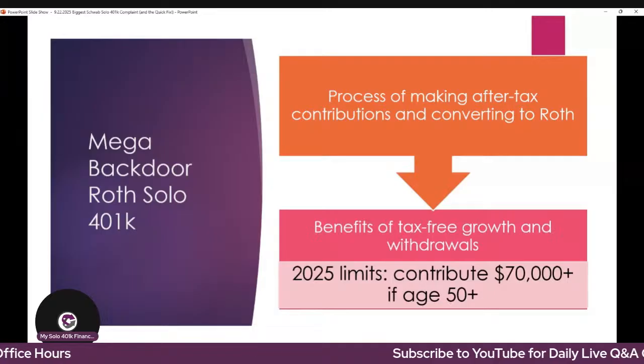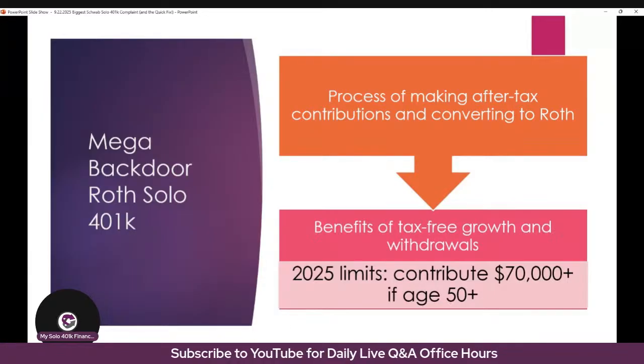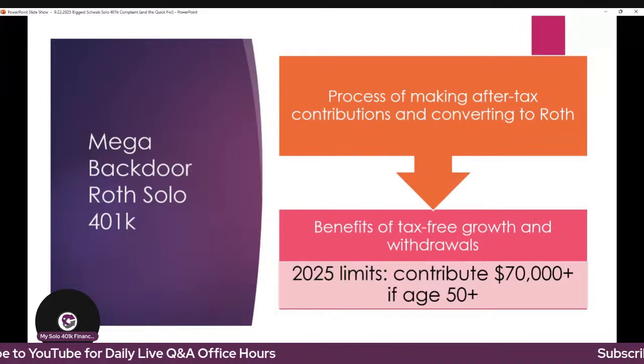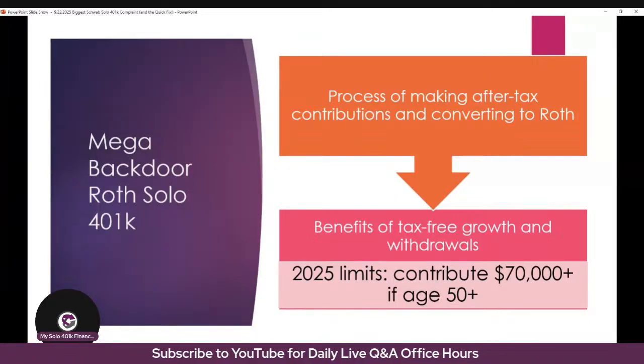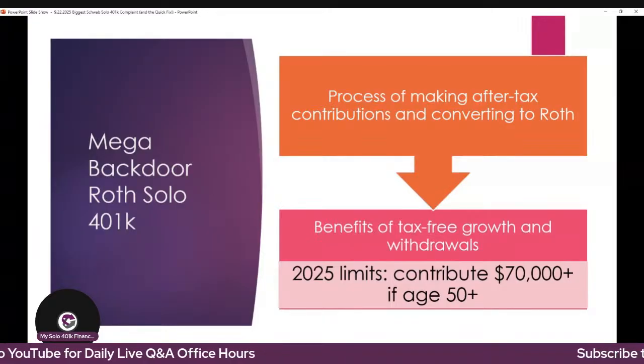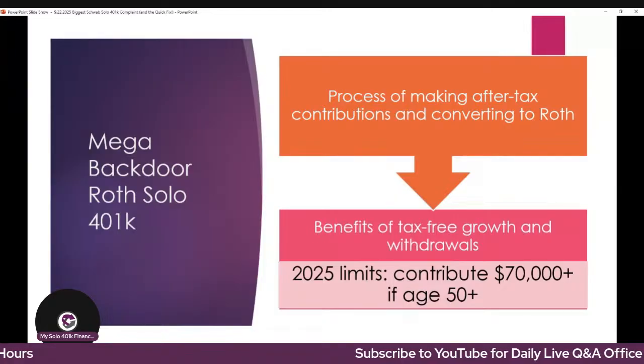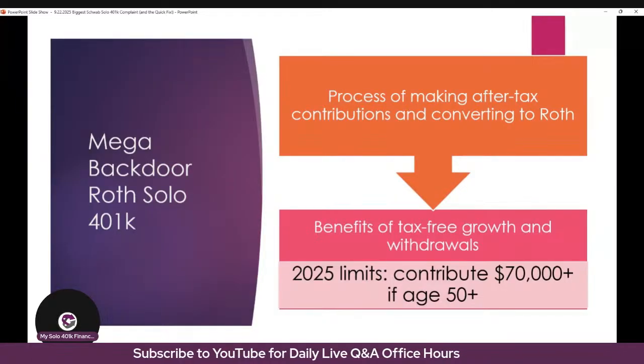And ultimately, the benefit of the Mega Backdoor Roth Solo 401k is tax-free growth, right? Because now you have all this additional funds in your Roth account where it's going to grow on a tax deferred basis, potentially tax free. So in other words, when you withdraw the money from your Roth account, if you withdraw it as a qualified Roth distribution, you can take out not only the initial contribution amount, but all the subsequent gains totally tax free.